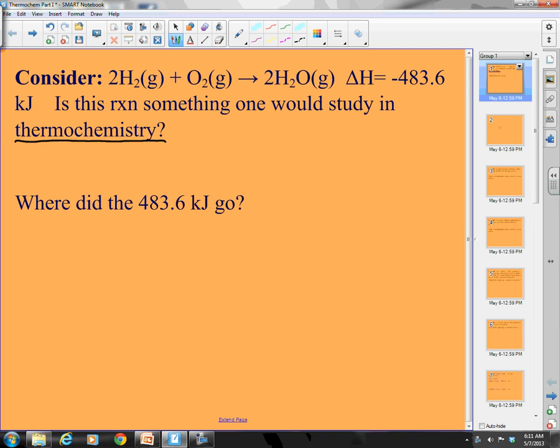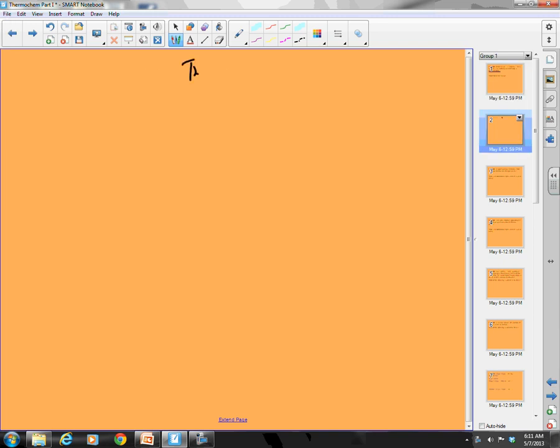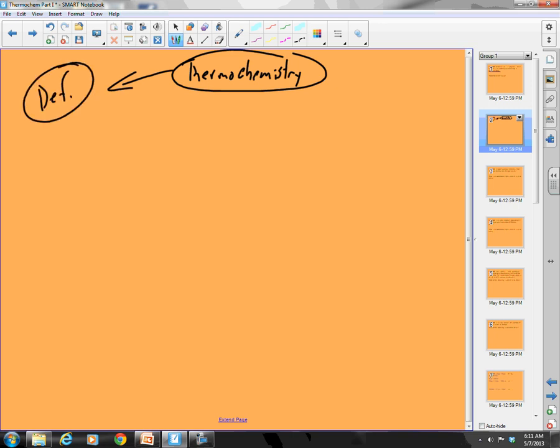And so what we want to do really is understand a little about thermochemistry. And you know I love definitions, so let's go with this definition. What is thermochemistry? It is a branch of thermodynamics. You're going to have to wait a while to learn what that word means because I don't want to describe it yet.